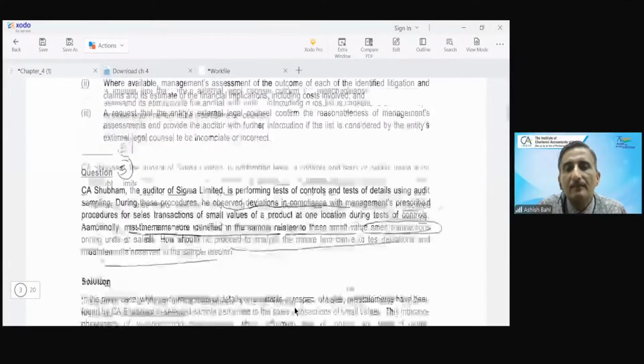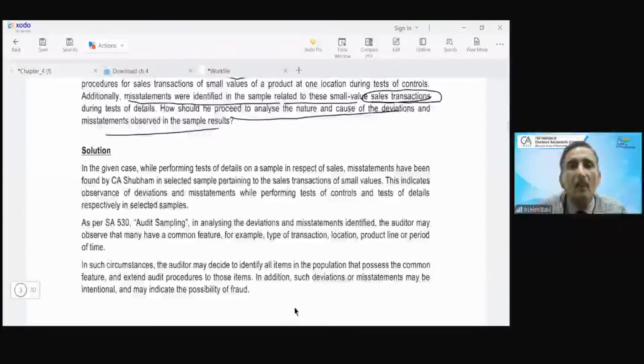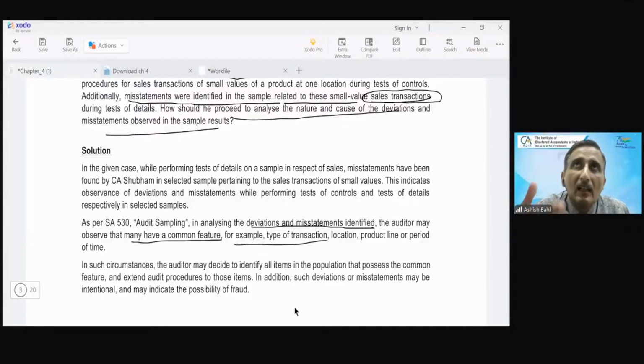In analyzing the deviations and misstatements, the auditor may observe that they have a common feature, because in this case, deviations and misstatements both relate to sales, or they may relate to the same product line or the same period of time.